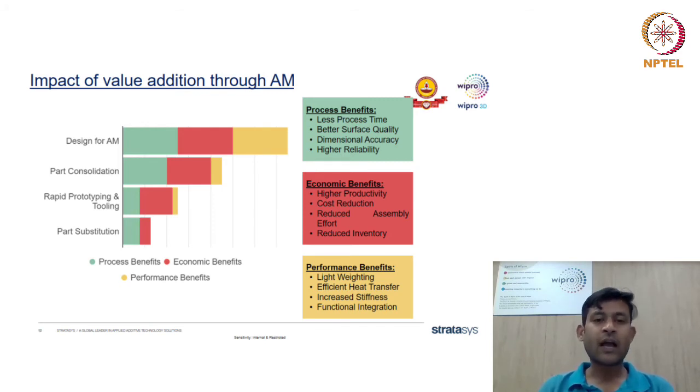At the same time, if I'm able to fit more components on my platform, or orient a component in such a way that I can reduce the total build height, then my number of layers will reduce, and hence the cost associated to my process will reduce.